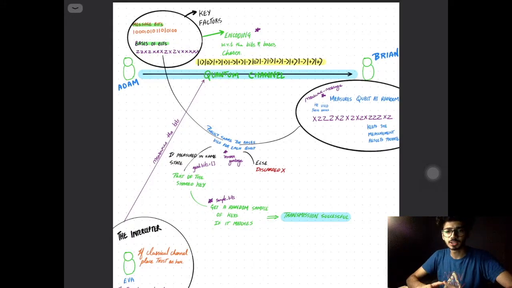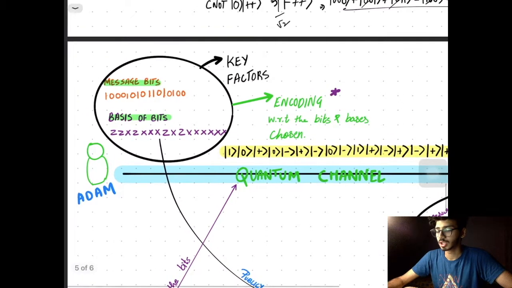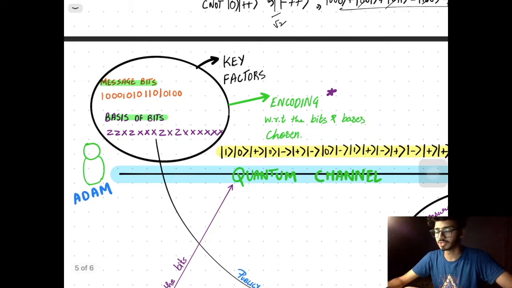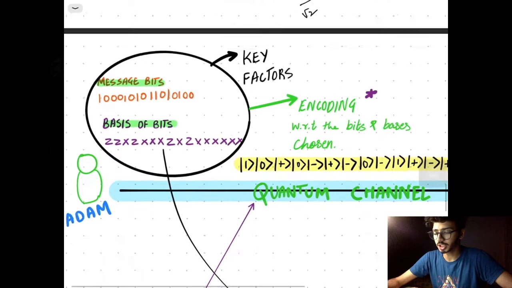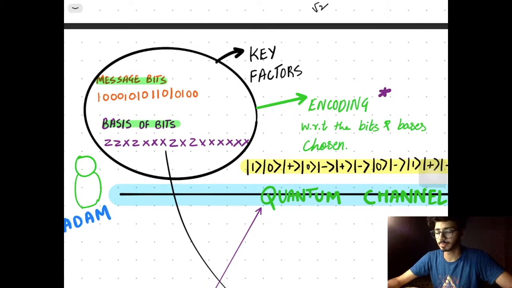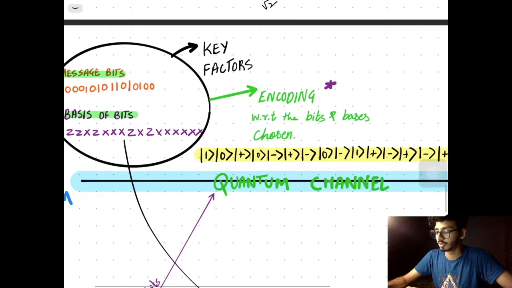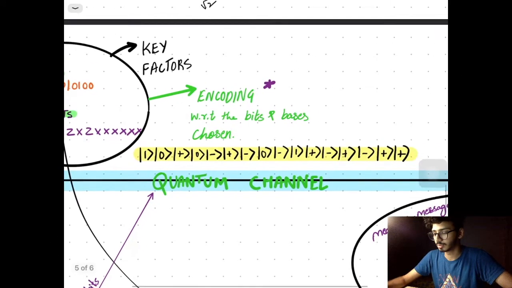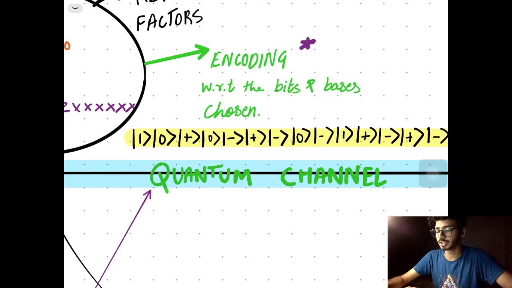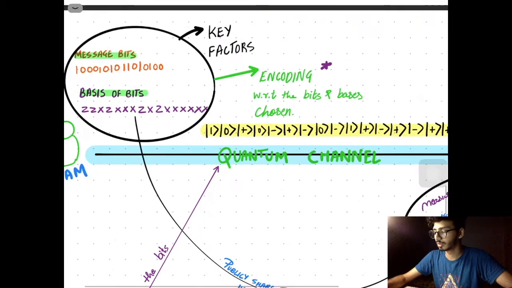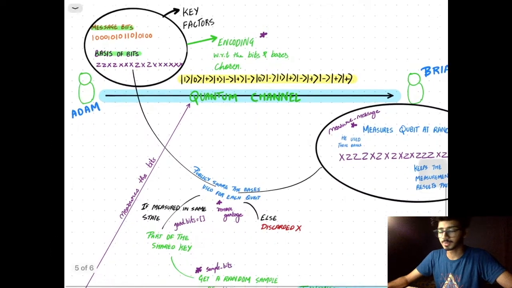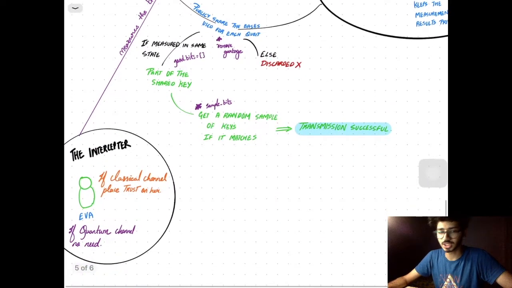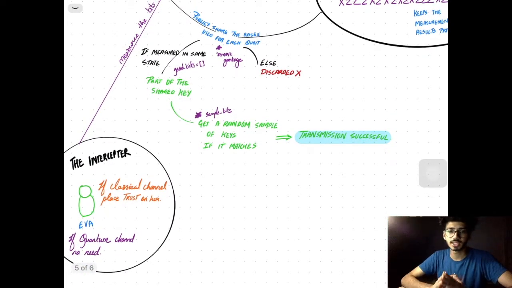Let's take an example to understand it better. Here, Adam is the sender, having a message in bit form, and according to it he has bases set up in quantum. It passes through the encoding function, which results in ket 1, ket 0, depending on the base involved. Now, the difference between a quantum channel and the physical channel: the quantum channel is basically used through the fiber optic cable.